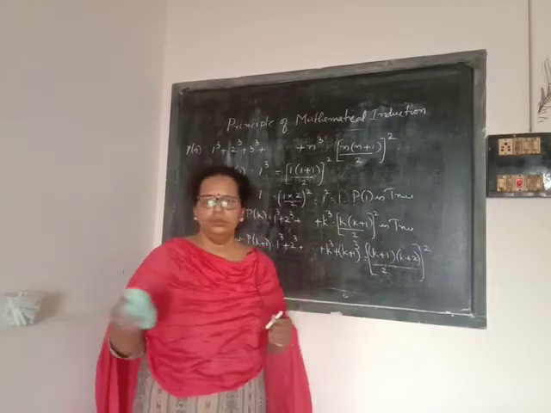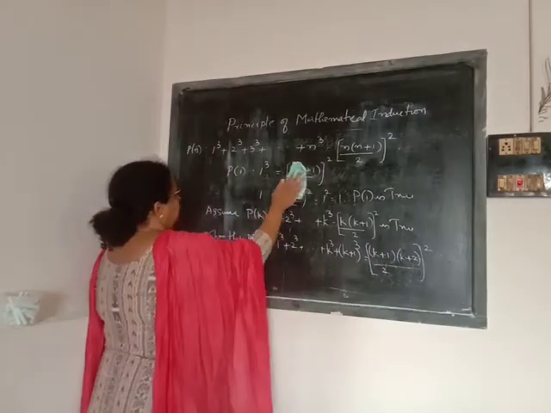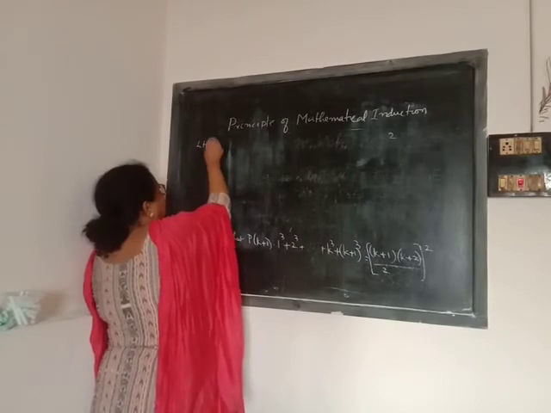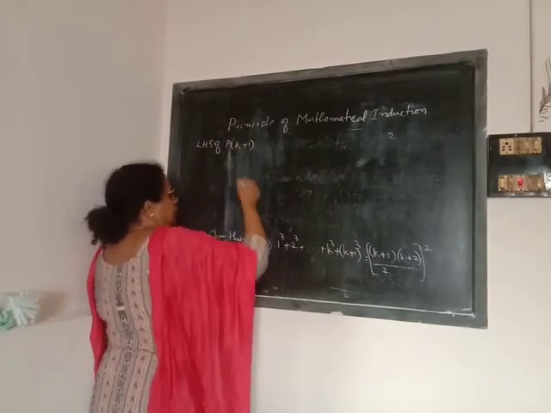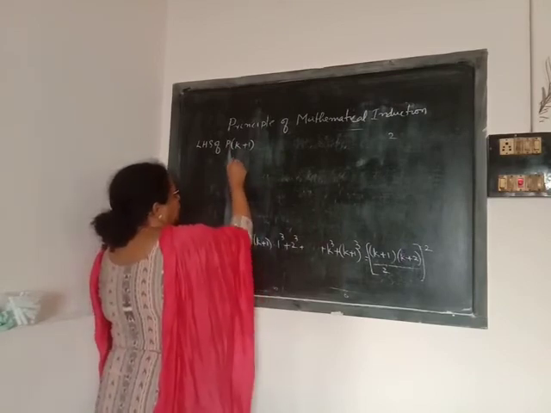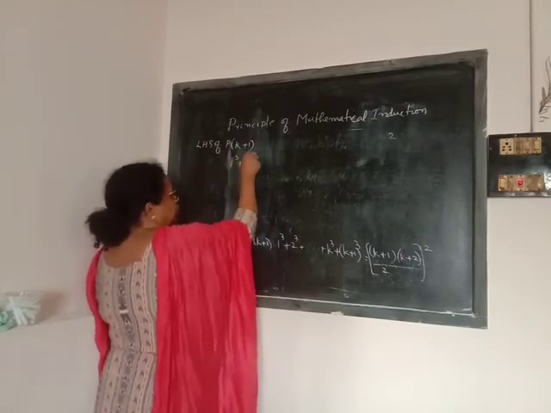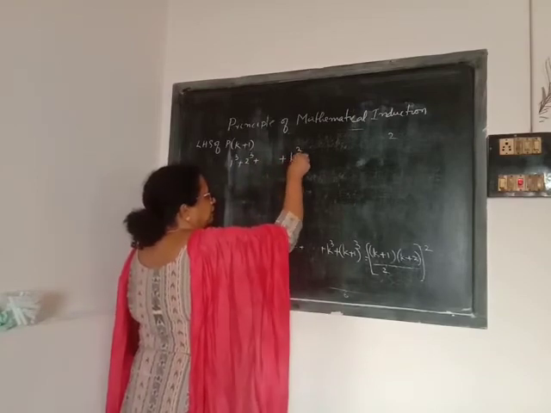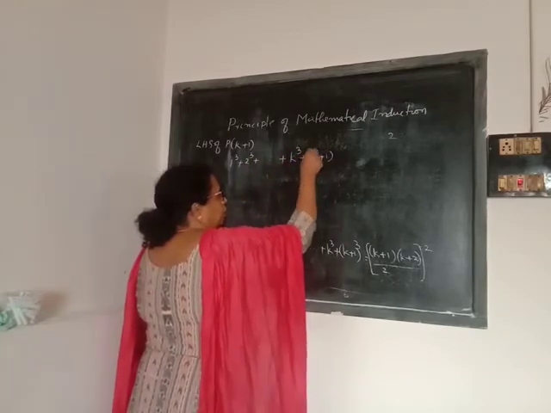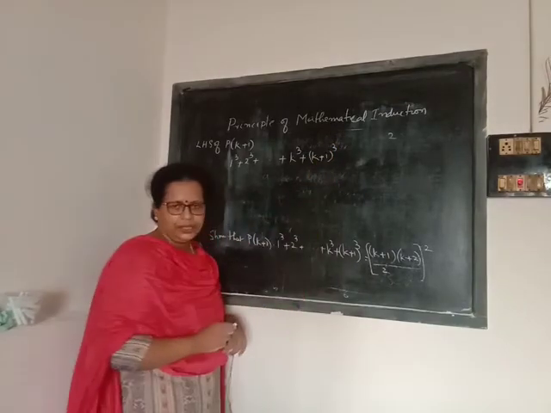Now let us do with the LHS of P of k plus 1. So LHS of P of k plus 1. 1 cube plus 2 cube plus etc. plus k cube plus k plus 1 whole cube. This is LHS.